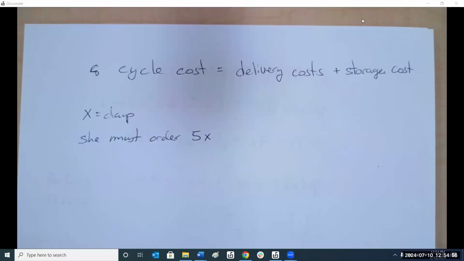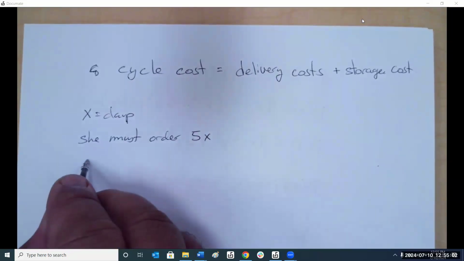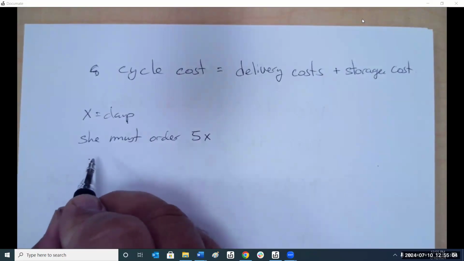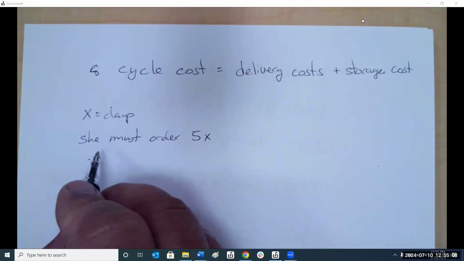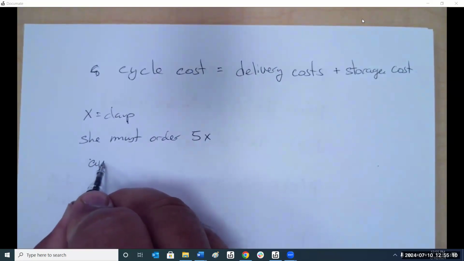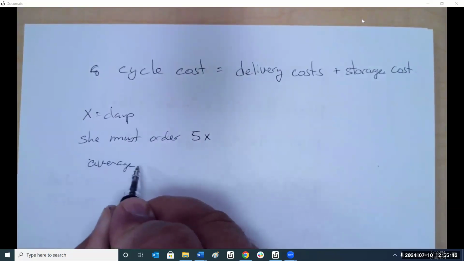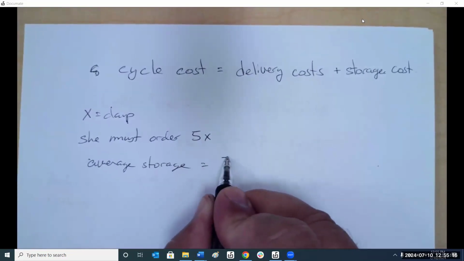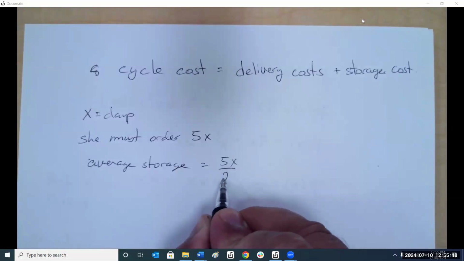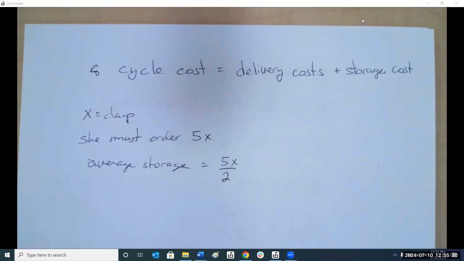Now, the average storage, how do you find average? She either has nothing or she has 5 times that much.